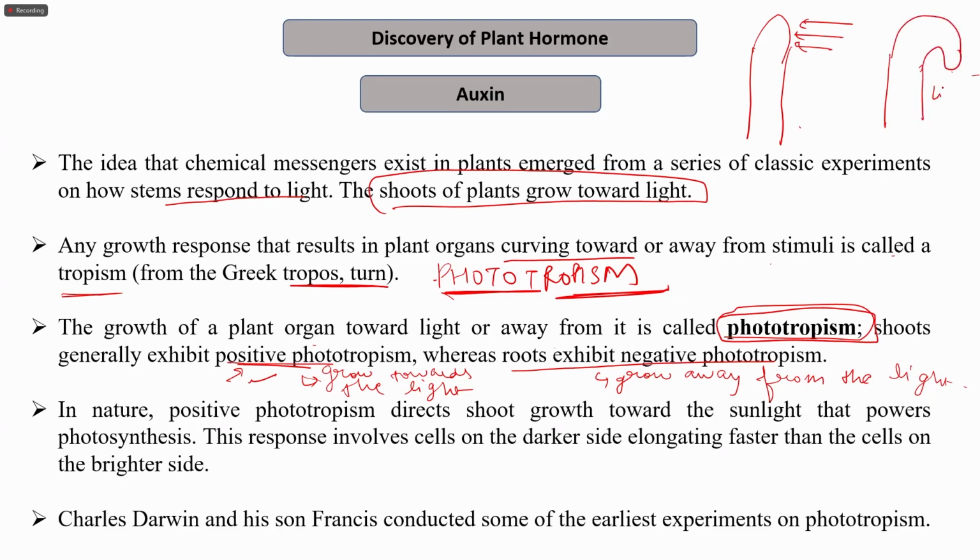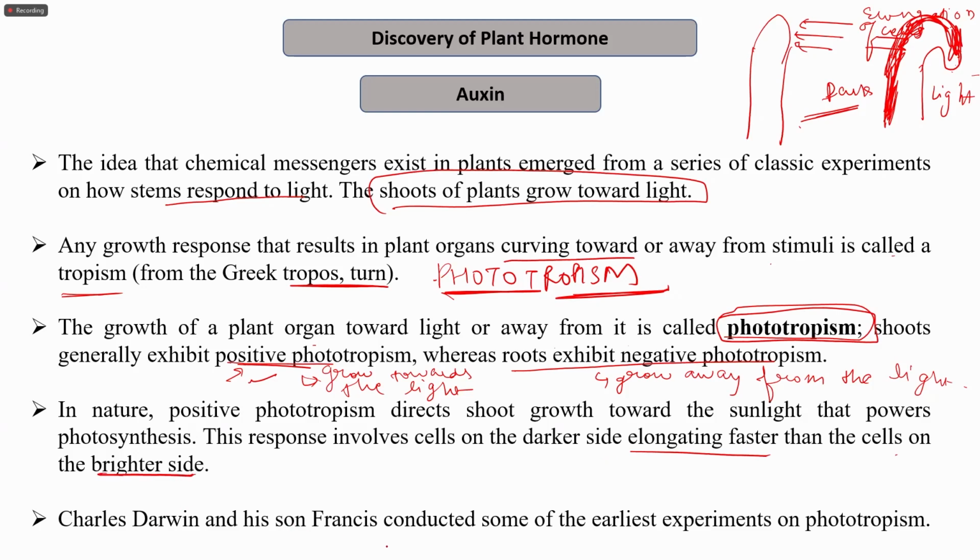So this is the light portion, this is the dark portion, the portion away from the light. How might this bending happen? The bending might happen because of the elongation of the cells on the darker side. When cells which are not receiving any light elongate, they curve and bend. So this response involves cells on the darker side elongating faster than the cells on the brighter side.